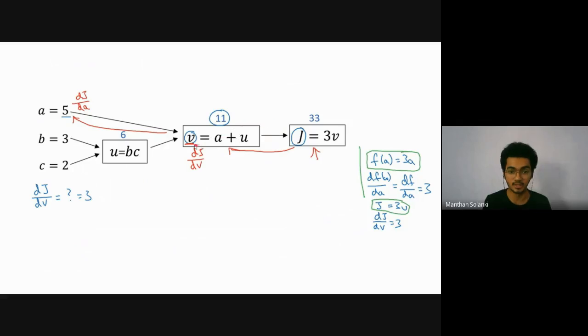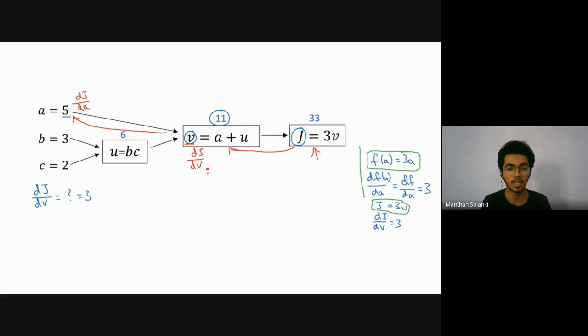This is a simple single variable derivative. For example, if the function is 3v, then the derivative with respect to v is 3, because v is the variable and becomes 1 after the first order derivative. So dJ with respect to dv will be 3.